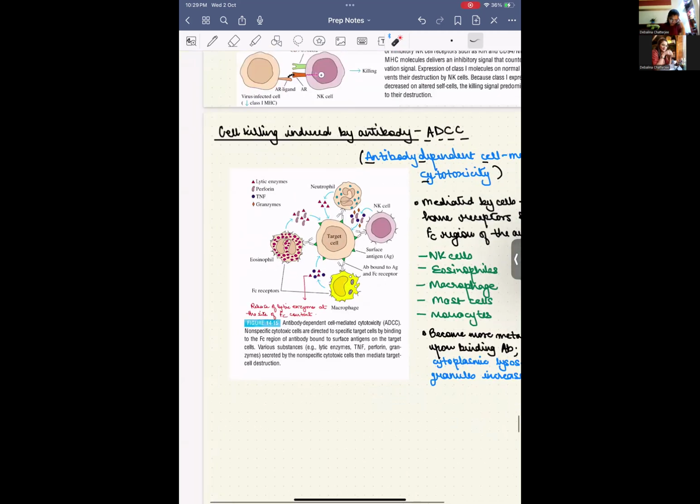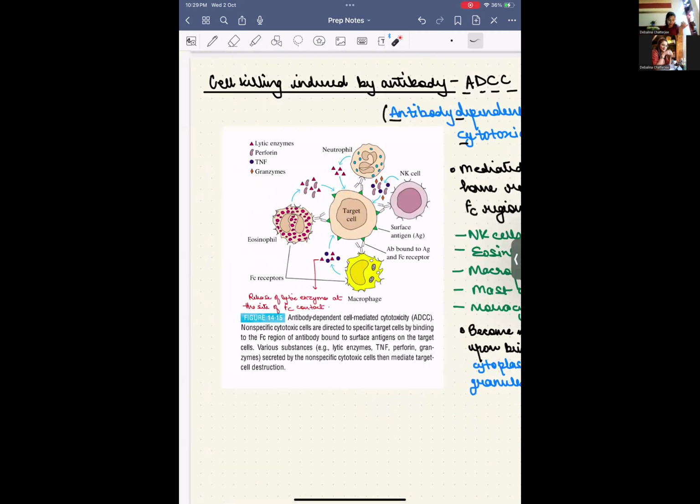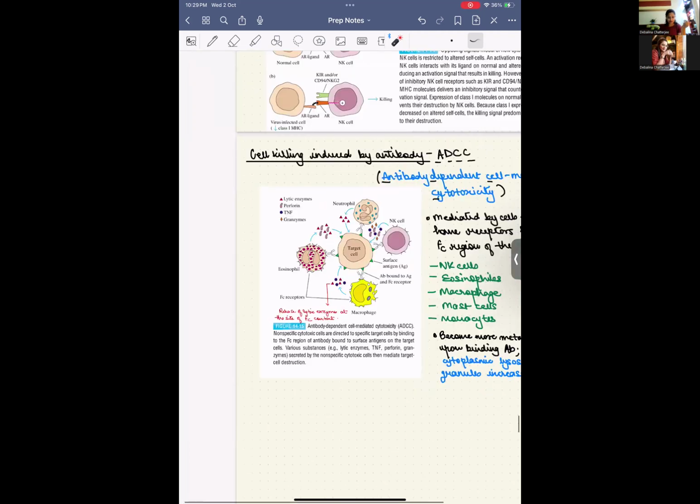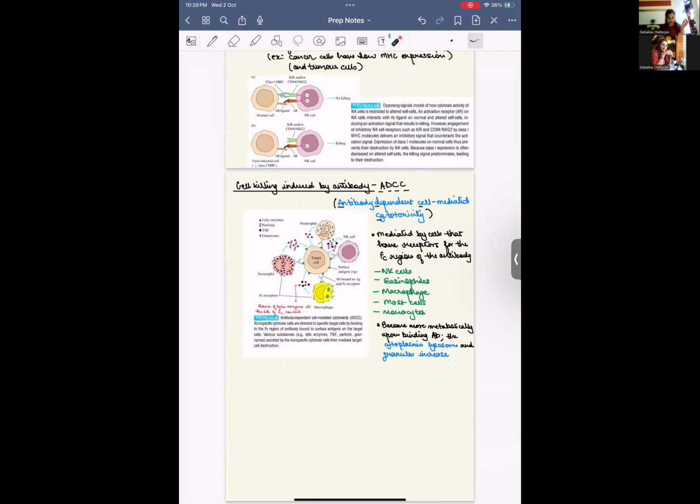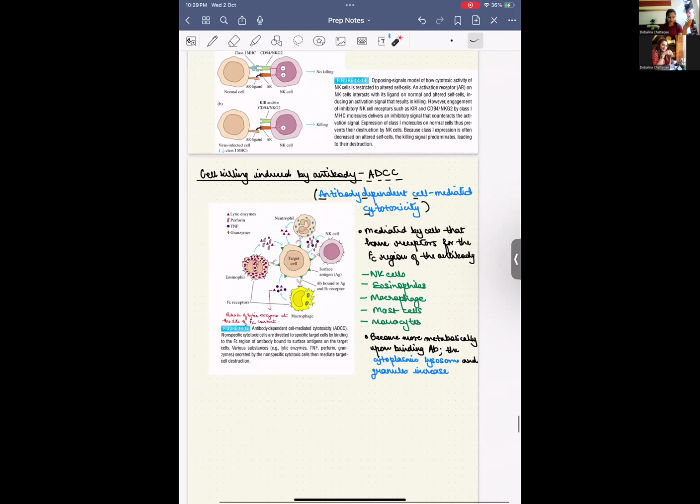Here, by themselves, the eosinophils could not recognize the target cell or bring about killing. There is a dependence on the antibody molecule, and that's why this entire process of cell killing is known as antibody dependent cell mediated cytotoxicity.